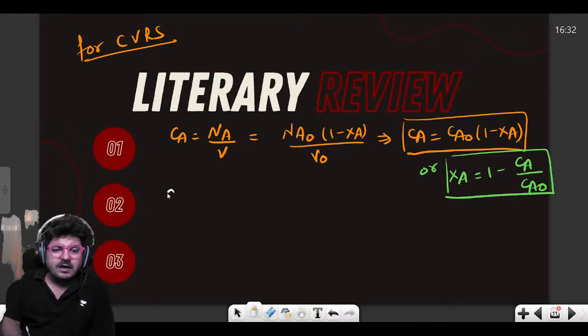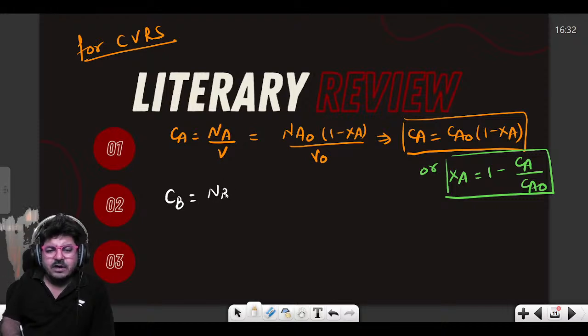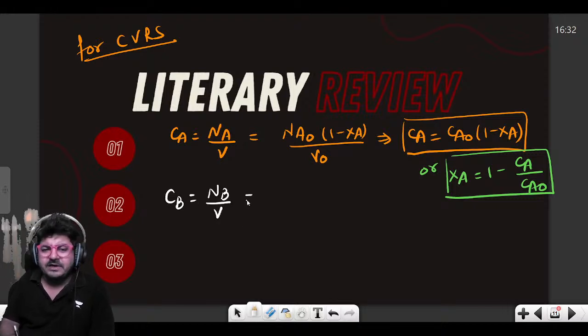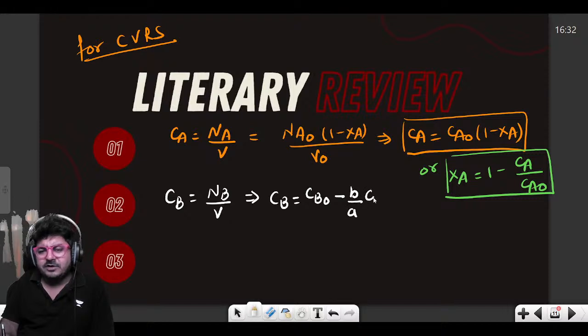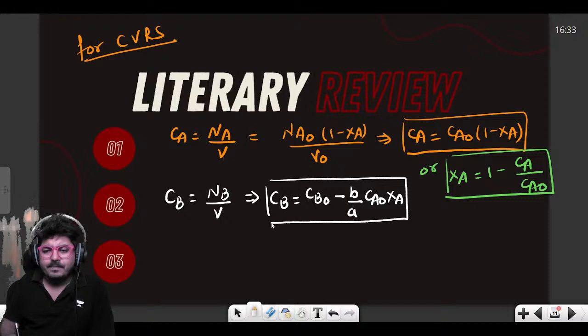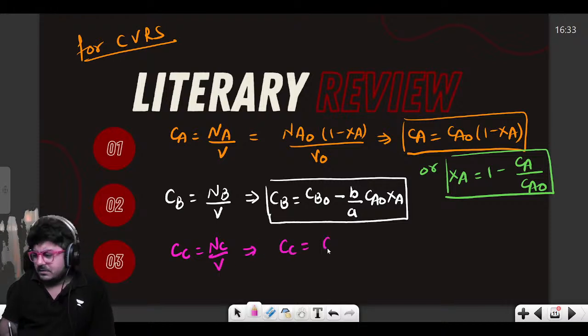Second, if you have Cb, you know Nb upon V, you can put the value of Nb in terms of Xa. You know that already. So I write it directly here because you already know how to put those values. We have discussed it in the first session. So it will be Cb0 minus b upon a times Ca0 into Xa. Similarly for Cc, that will be Cc0 plus c upon a times Ca0 into Xa.